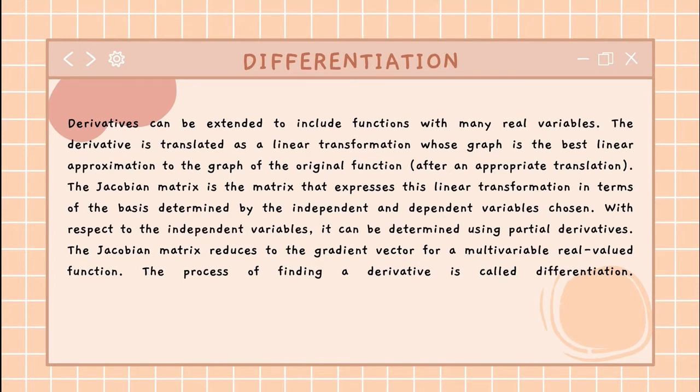The Jacobian matrix is the matrix that expresses this linear transformation in terms of the basis determined by the independent and dependent variable chosen. With respect to the independent variable, it can be determined using partial derivative. The Jacobian matrix reduces to the gradient vector for a multi-variable real-valued function. The process of finding a derivative is called differentiation.